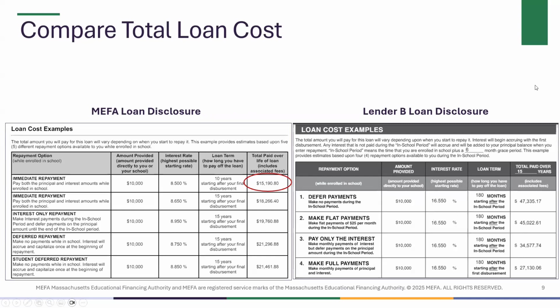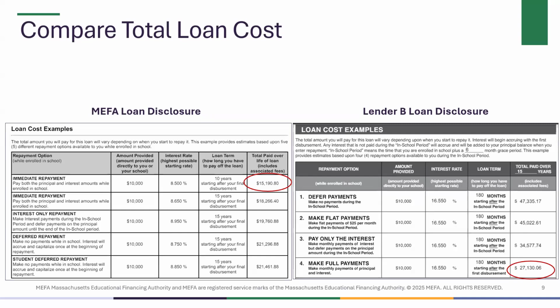If you look at lender B over here, a different lender, this is not a MEFA disclosure, and you look at the same 10-year immediate repayment loan for a $10,000 loan at this lender's highest rate at 16.550%, that $10,000 loan is going to cost over $27,000 at the maximum repayment term.